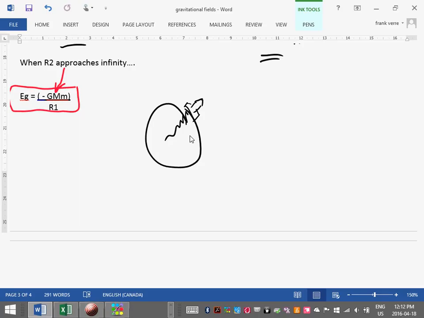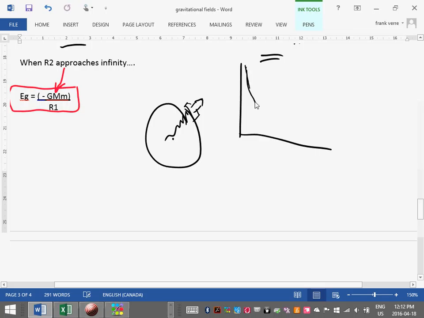What we mean by that is there's a certain amount of force, and it's the strongest at the surface. Well, it actually would be the strongest at the center, but we're not at the center. As we move away from the surface of the Earth, the force gets weaker and weaker until we get to a point where there is no more force between the rocket and the Earth. Okay?